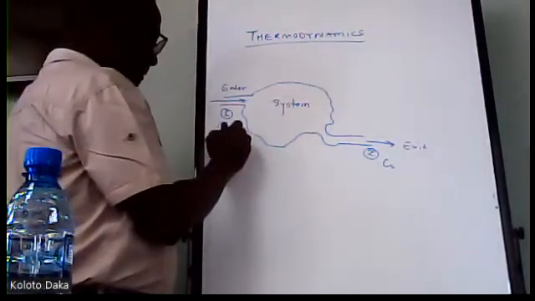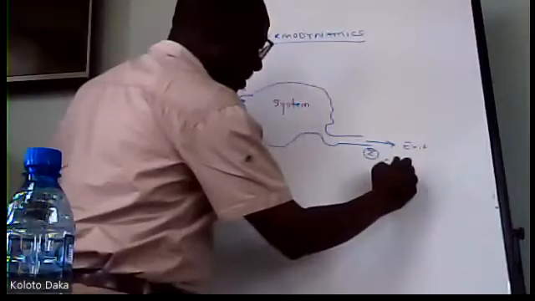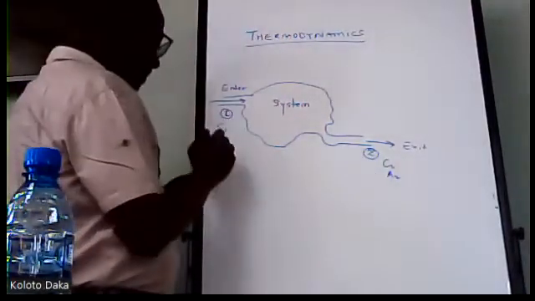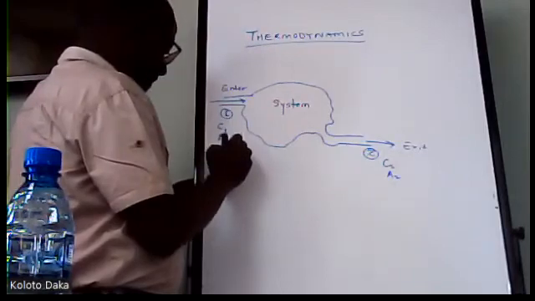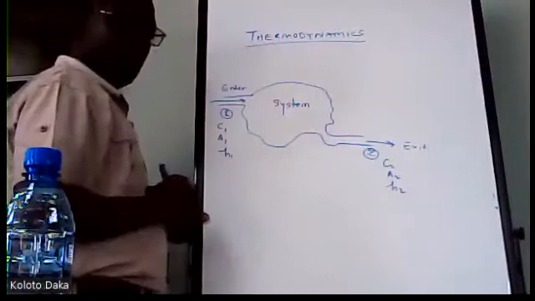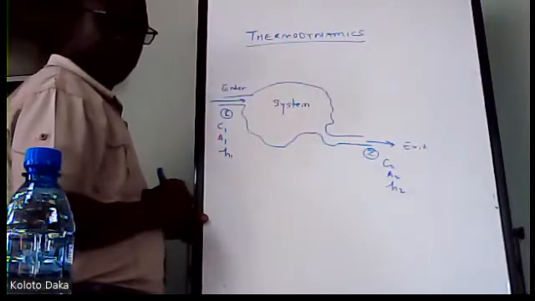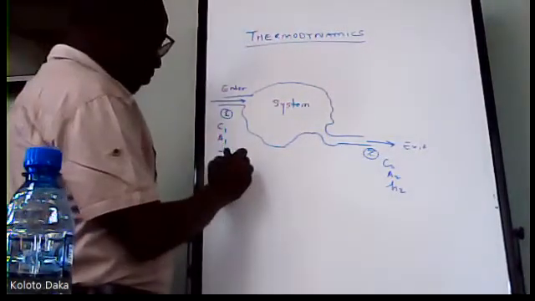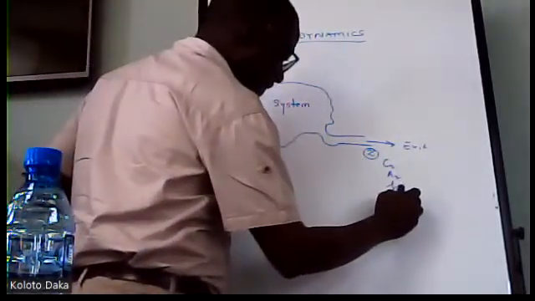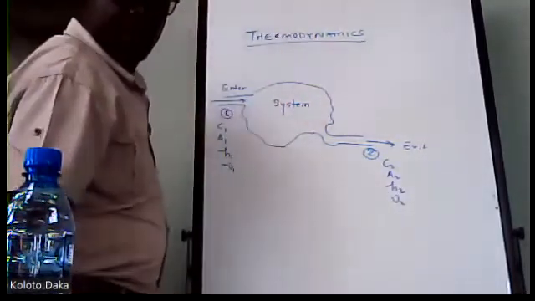The area here shall be called area 1. The area here, area 2. Specific enthalpy there, H1. Here, H2. Okay? Specific volume, V1, V2.